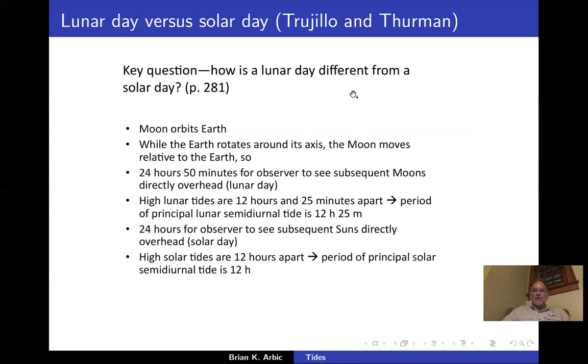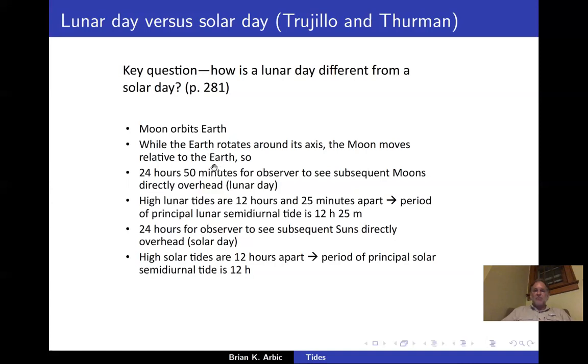Okay, so the answer is they're not equal, and they're not equal because lunar days and solar days are different from each other. So first I'm going to say some words, and then I'll show some pictures that I think will make it easier to understand. So the moon orbits the Earth, and while the Earth is rotating around its axis, the moon moves relative to the Earth because, again, it's orbiting.